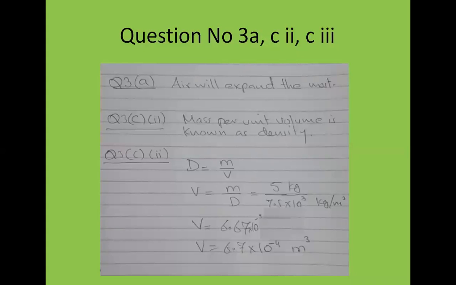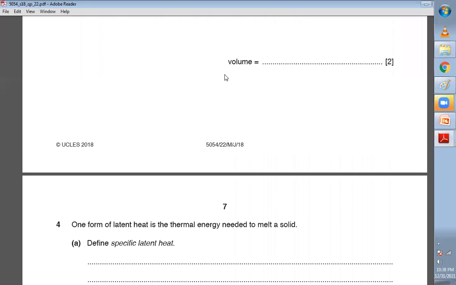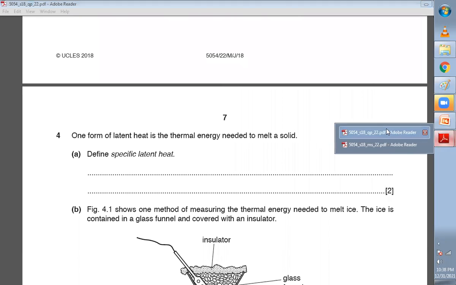The mass is 5 kg, the density is 7.5 × 10^3 kg per meter cube. In your calculator, you just write 5 divided by 7.5 × 10^3 equals. It will give you the answer 6.67 × 10^-4 meter cube. So the volume is 6.7 × 10^-4 meter cube. Hopefully you understand. Okay, so we are done with question number 3.